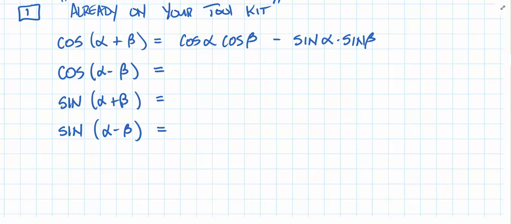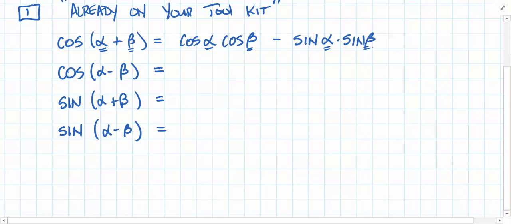The distributive property doesn't work. So whenever we see a cosine of the sum of two different angles, all we're going to do is plug into this formula. That's our alpha, that's our beta. So all we're doing is applying a little formula today, kind of back to our plug and chug. I don't like to use that term, but that's what we're going back to.